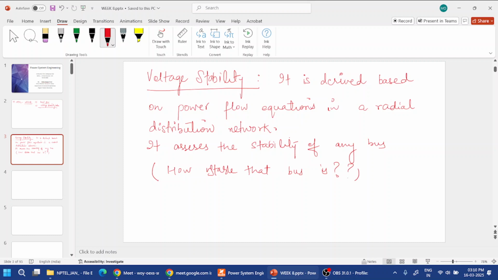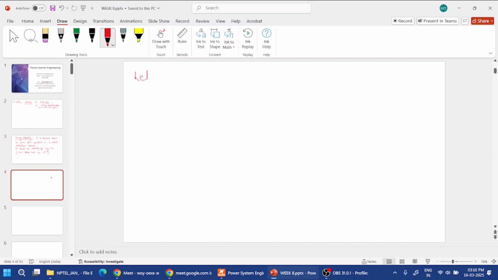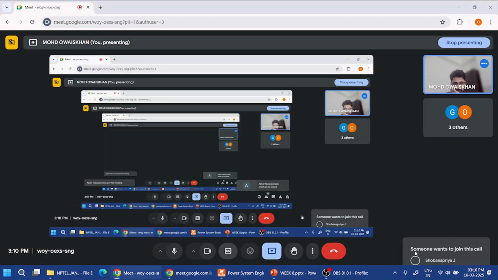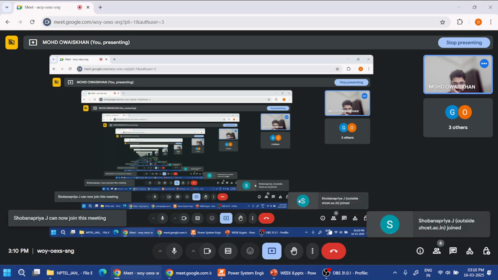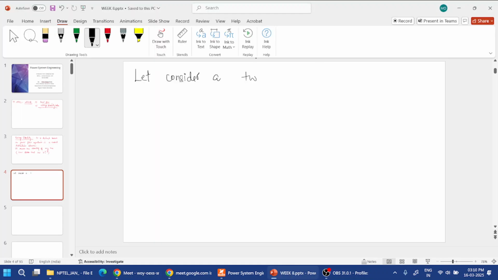So how is it calculated? Let's consider a two bus system, and it is a radial two bus system.